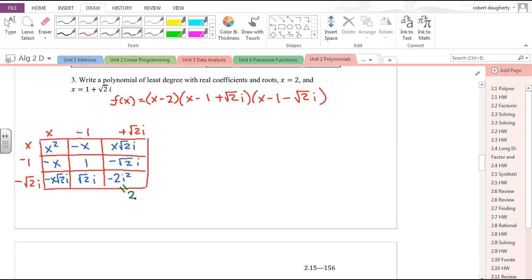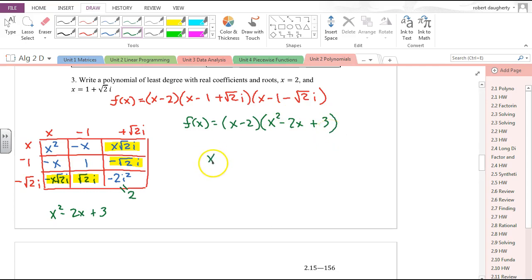Okay, so if I bring all of that together, this is x squared minus 2x. You'll see this term cancels right here. This cancels here. So x squared minus 2x, and it looks like a plus 3. So f of x equals x minus 2, x squared minus 2x plus 3.